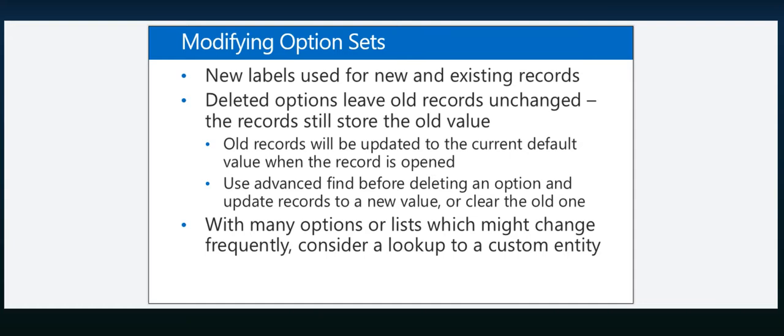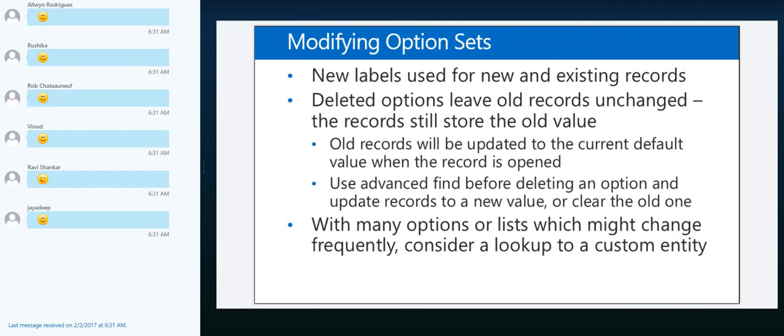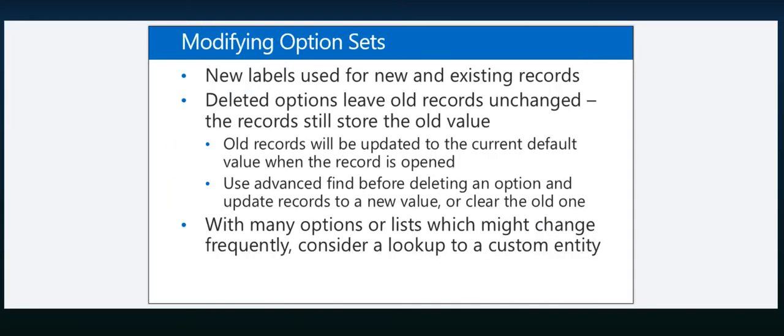So instead of creating an option set, you create a lookup to a custom entity that we would call an options entity. And in the lookup field, you can filter according to other records or other options on the record. You can filter the records that will be available, and that will be put in as an option and kind of emulate an option set via a lookup to a custom entity.